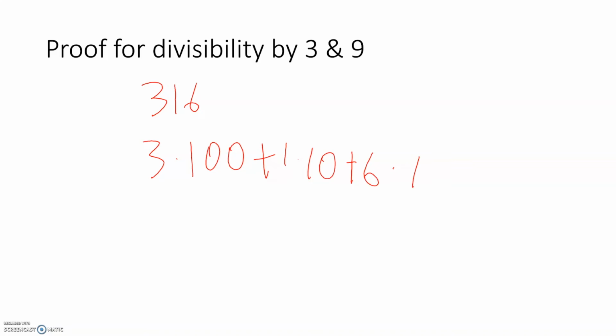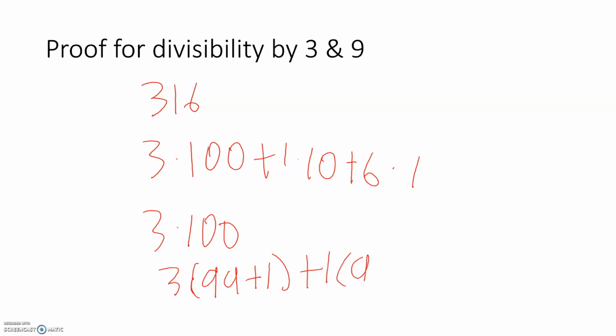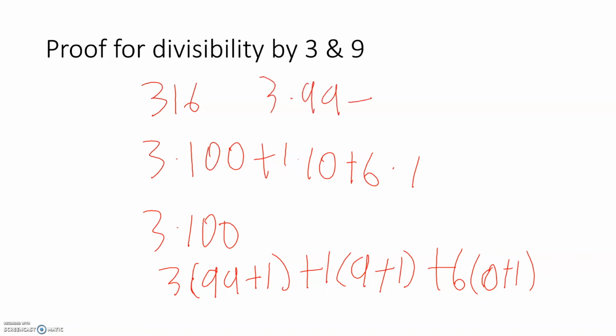We can now see that we can write 3 times 100 as 3 times 99 plus 1, plus 1 times 9 plus 1, and plus 6 times 0 plus 1, but the 0 doesn't really matter. So we can now expand this as 3 times 99 plus 3 times 1 plus 1 times 9 plus 1 times 1 plus 6 times 1.